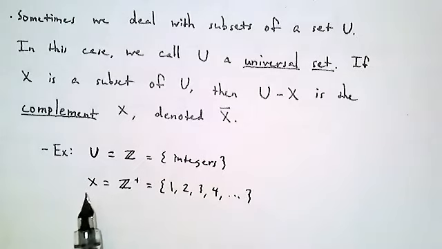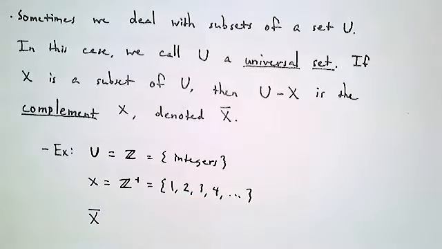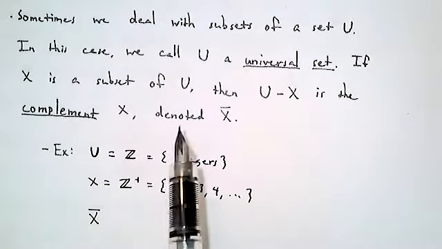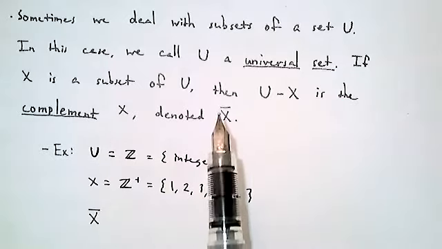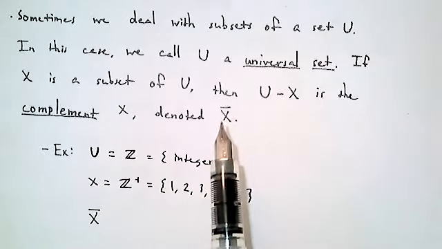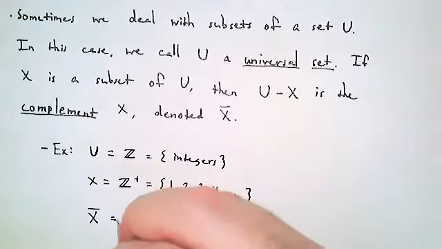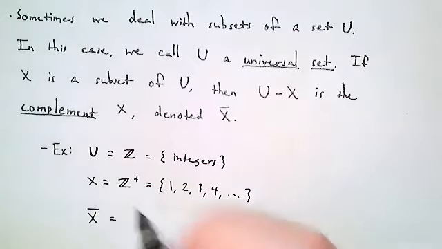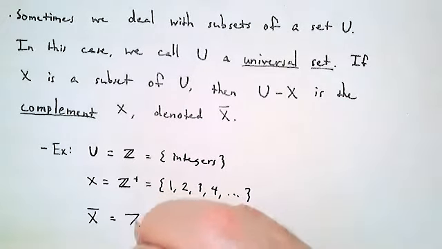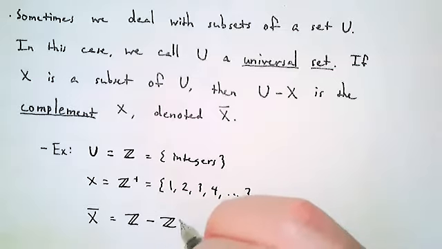I might care about what's not in my set as well. So I might want to figure out what X complement is. And there's this notation, which I didn't mention yet, of the complement of X is written this way. You take your set and you just put a bar on top of it. And this stands for the universal set minus the set X. So in this case, the integers minus the positive integers.